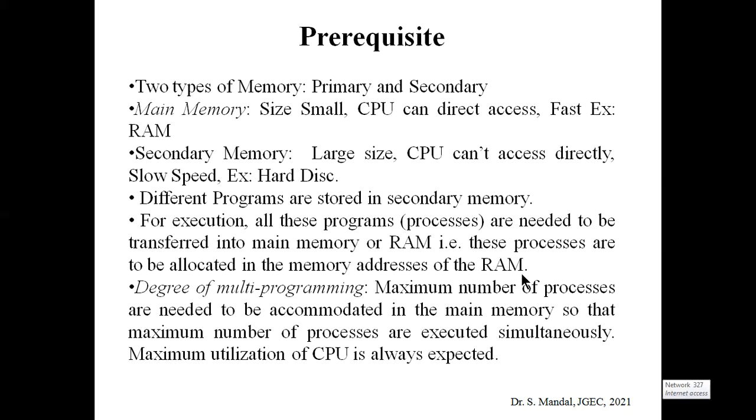It should not be that process P1 enters the main memory and another process P2 needs to wait. If there is available space in the main memory, another process can enter and they can both execute at the same time. That is the concept of the degree of multi-programming, where we mainly focus on maximum utilization of the CPU.